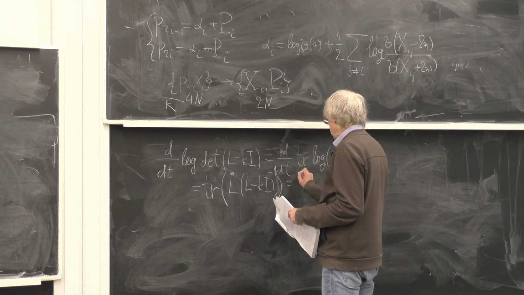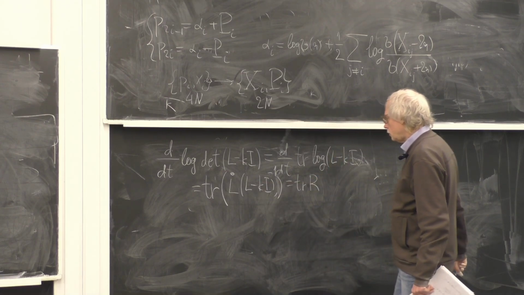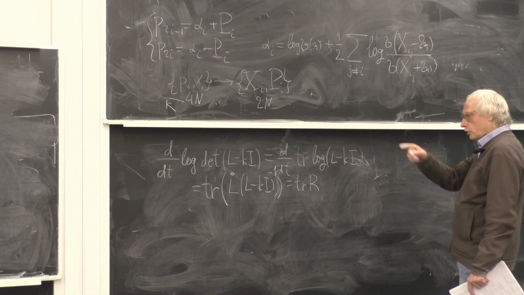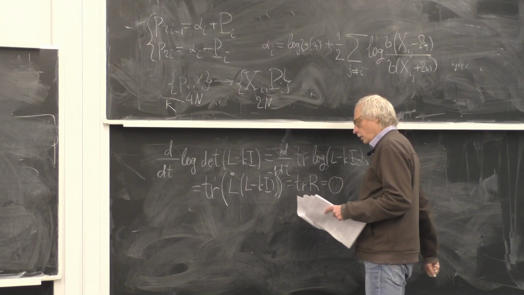But this is just trace R according to the Manakov's triple representation, and this is 0.